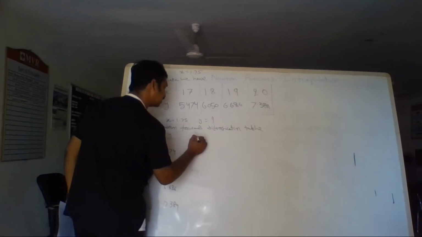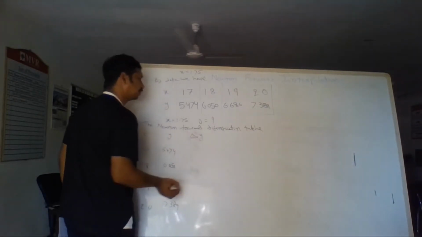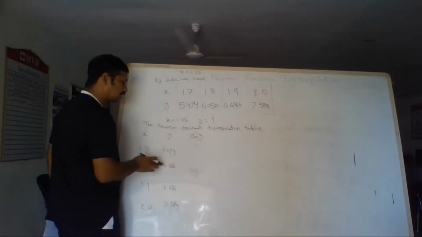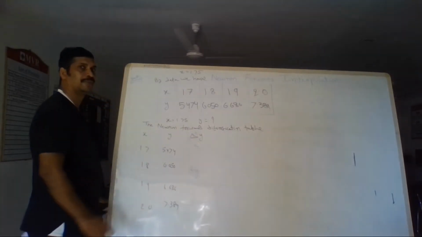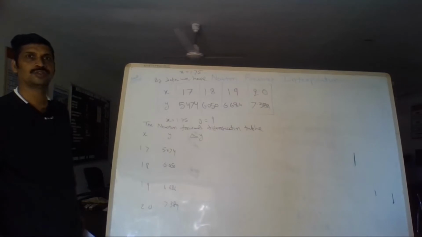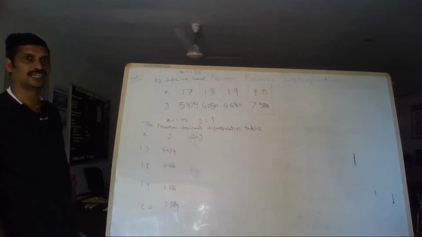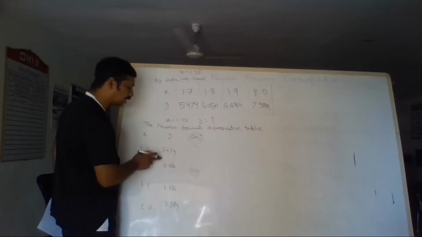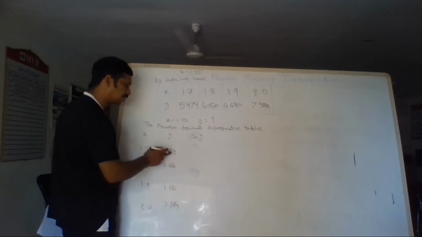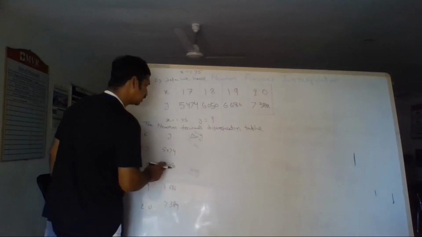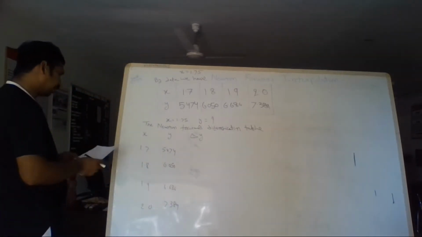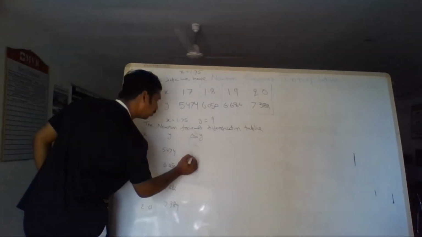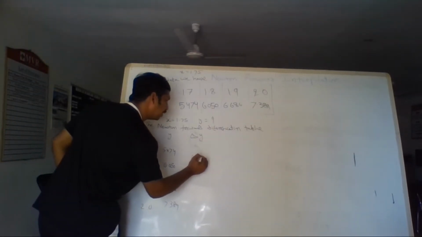The first difference is delta y. Delta y means forward difference: this one minus this one. Delta y0 equals y1 minus y0, and delta y1 equals y2 minus y1. This is the value of y0, y1, y2, y3. This one minus this one equals delta y. 6.050 minus 5.474, we will get 0.576.